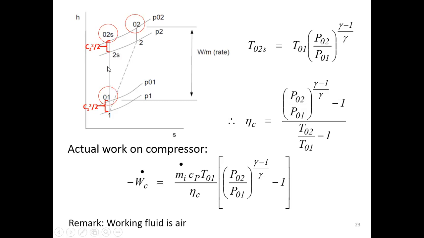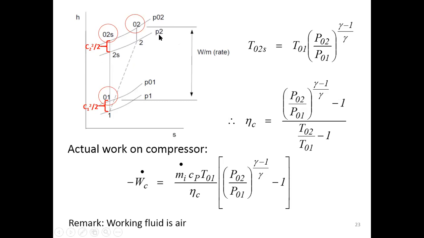And when it is compressed, if we do not take into account the effect of the velocity, the compressed pressure will be P2 here. This is the static pressure, without the effect of the velocity.